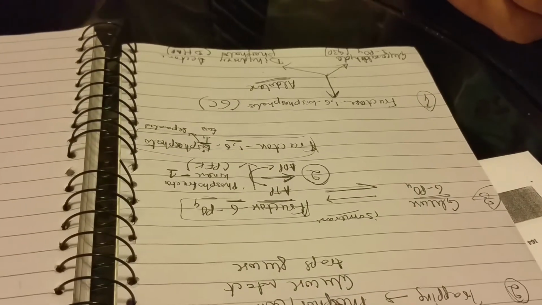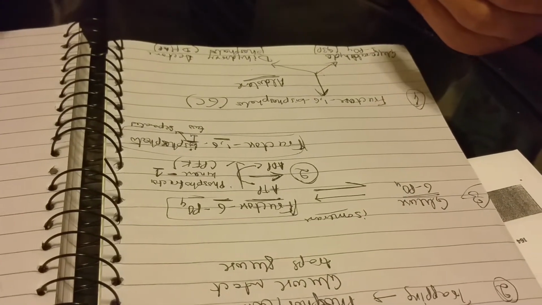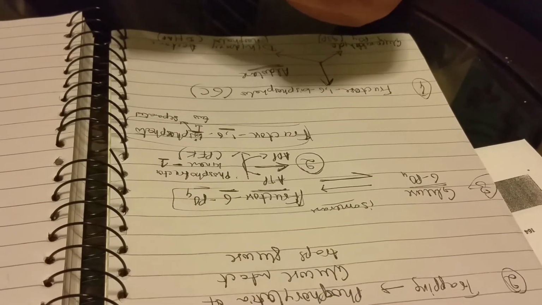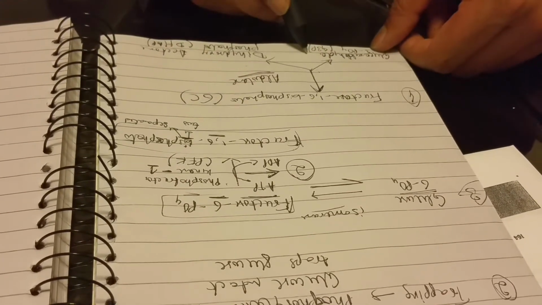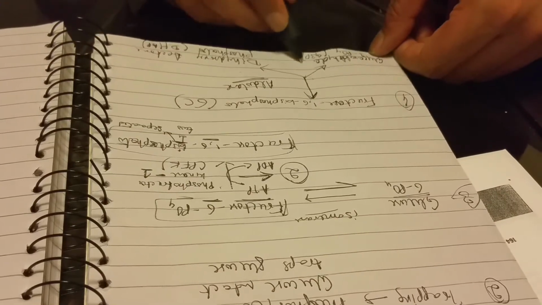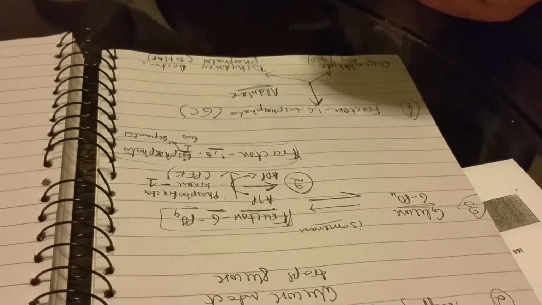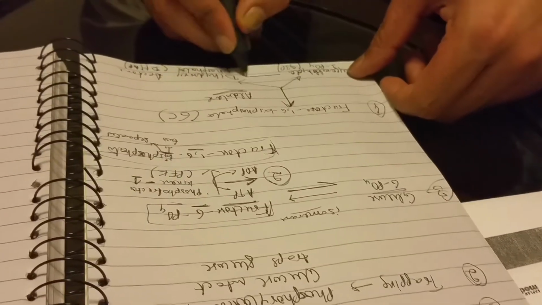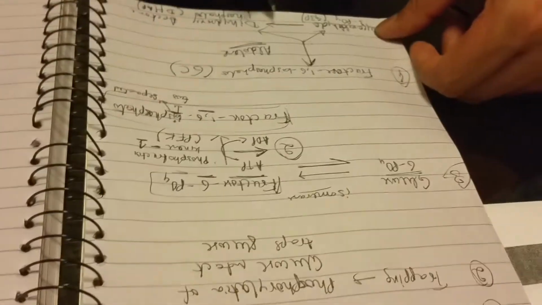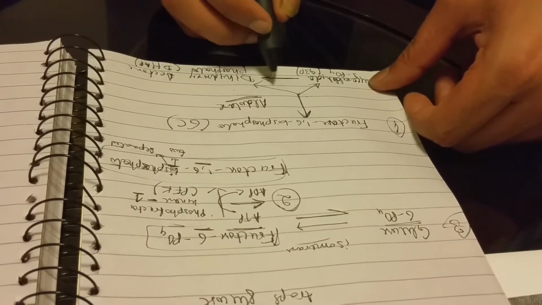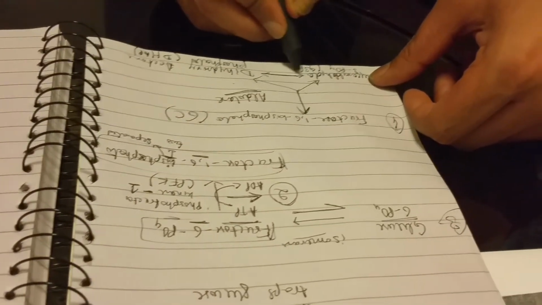The aldo sugar is called glyceraldehyde 3-phosphate, while the keto sugar is called dihydroxyacetone phosphate, and these sugars can be changed into each other. DHAP can be changed into G3P and G3P can be changed into DHAP. Here the enzyme will be isomerase.